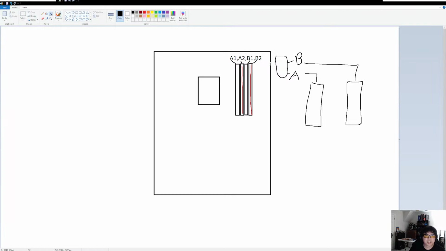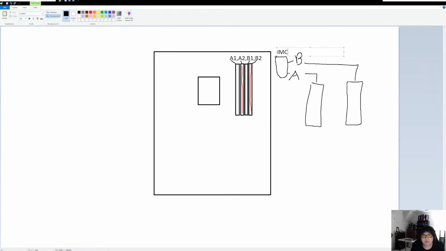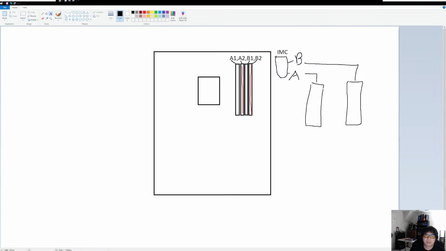The IMC is this guy right here, the integrated memory controller in the CPU. And B2 is the first one to talk to the IMC on the other channel. So this is the reason why you install RAM in A2 and B2 first, and not A1 and B1.